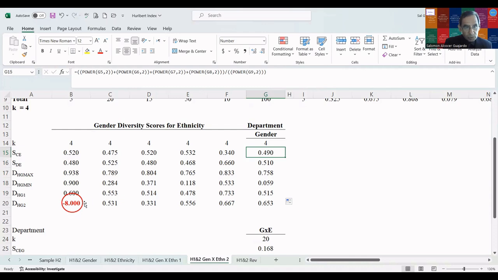I also want to alert you again that when you apply the formula for the relative diversity score for the Hurlbert index, you get a nonsensical value. In this case, I get a -8 for the relative diversity score for the Asian workforce for gender.